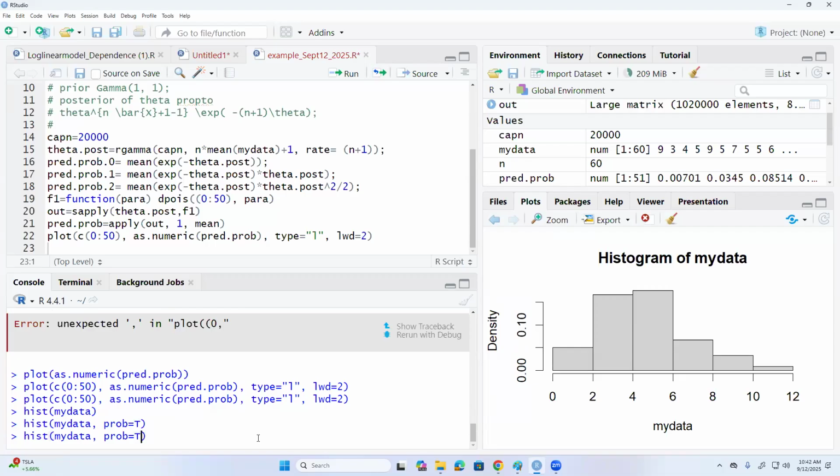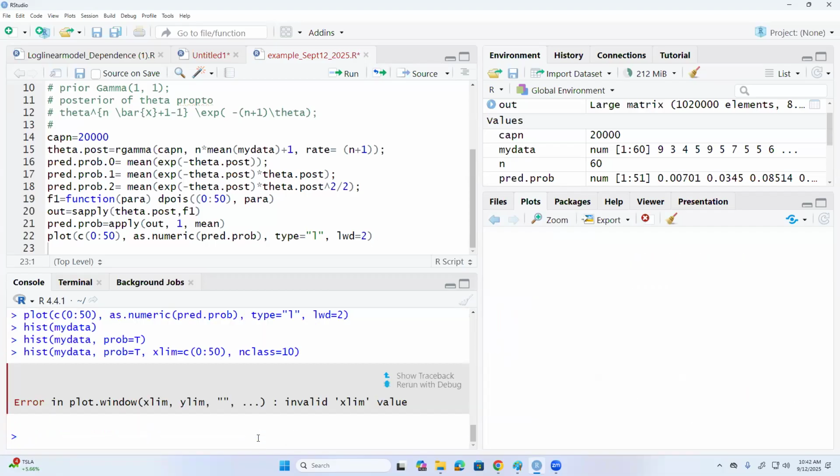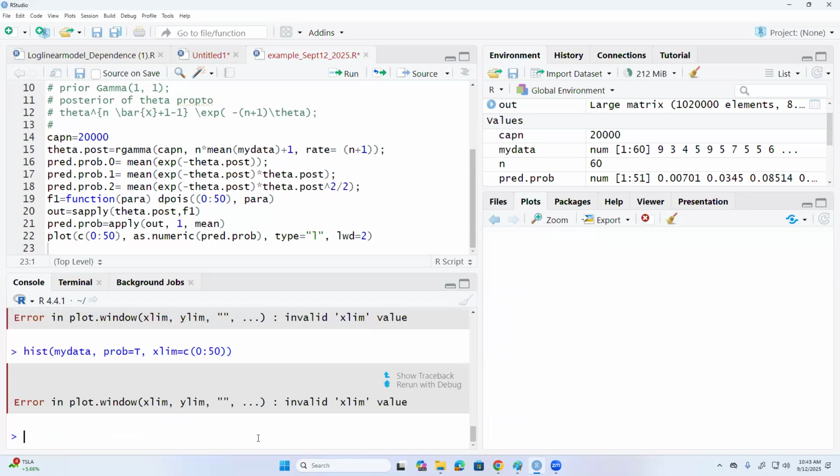And x limit equal to... y, x limit is not taken.